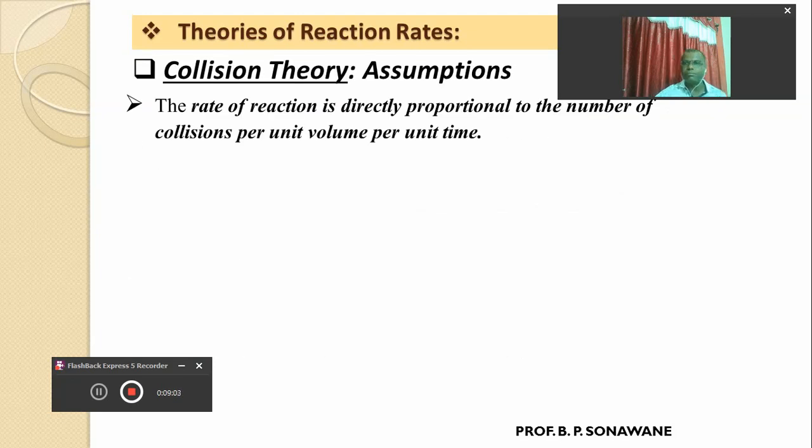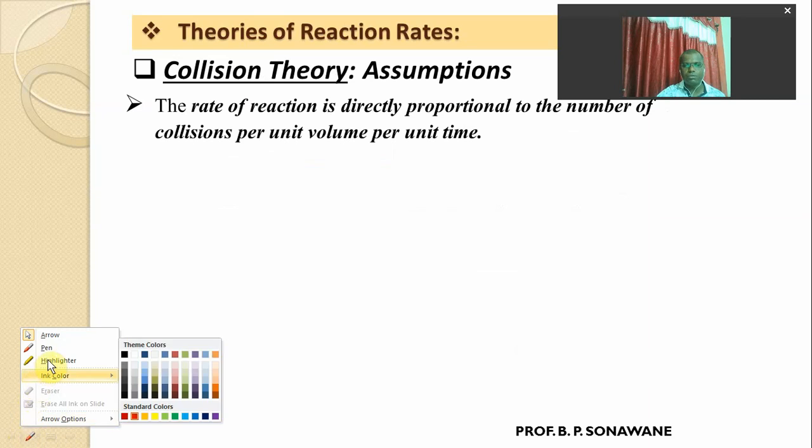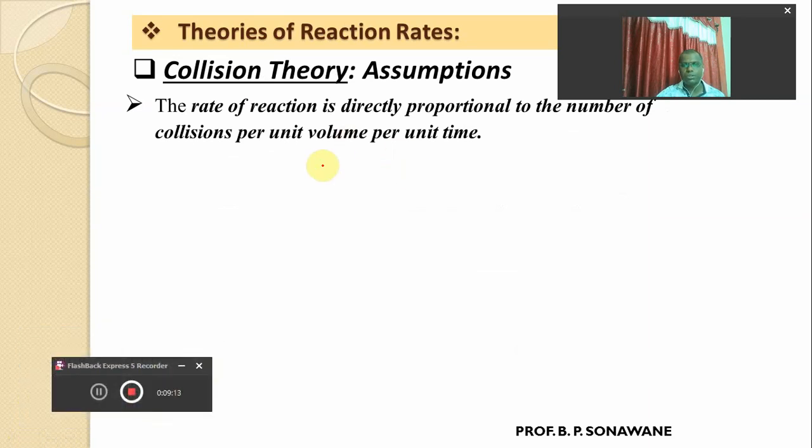Another assumption which is very important to determine the rate of a reaction involving collisions between molecules: according to the collision theory, the rate of reaction is directly proportional to the number of collisions per unit volume per unit time.